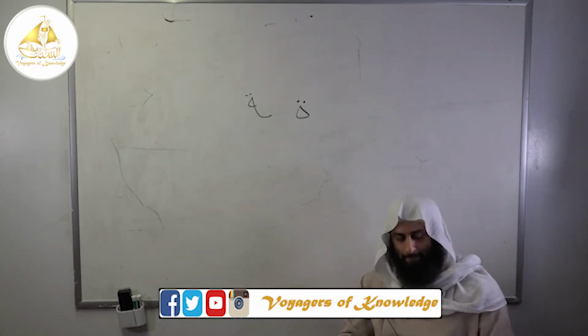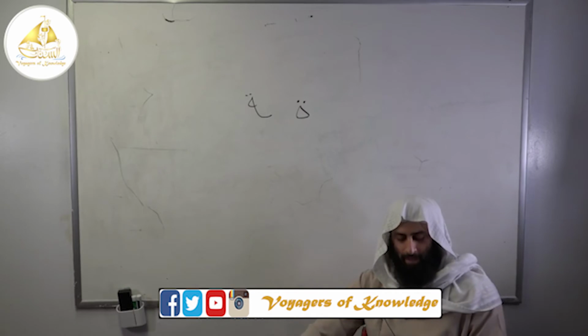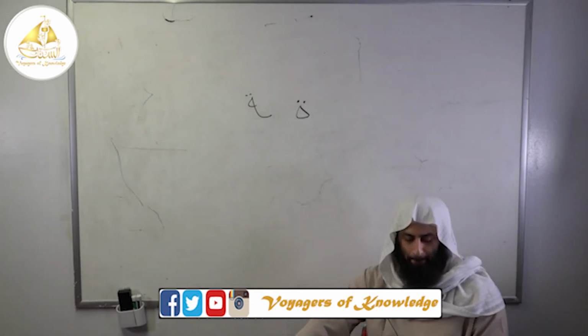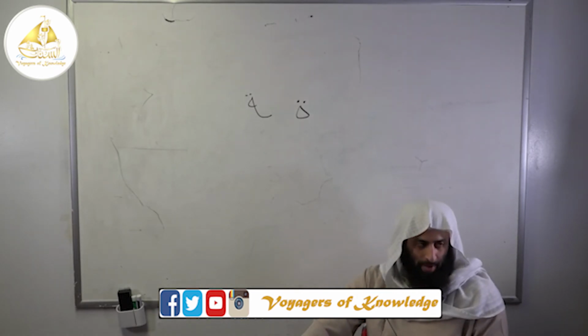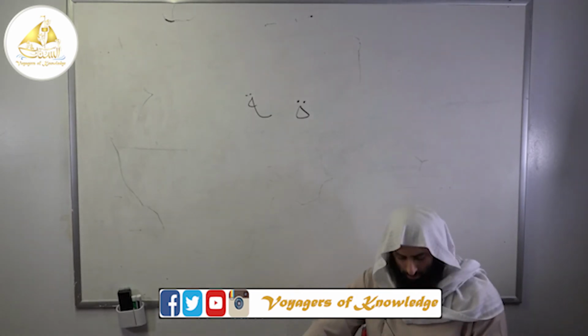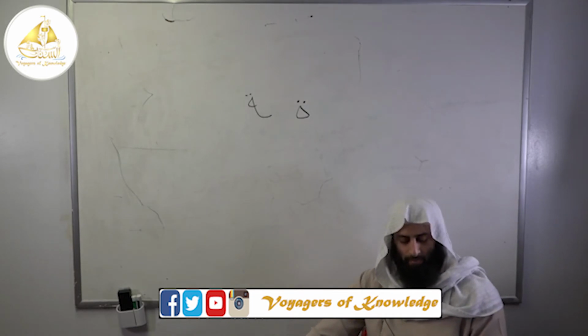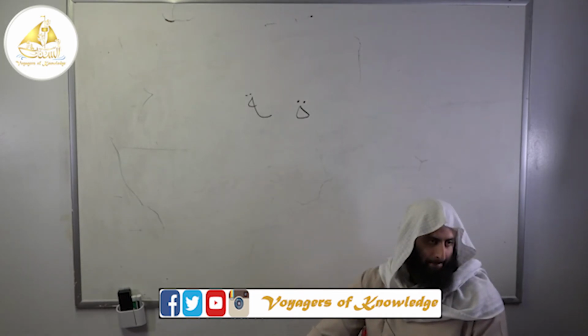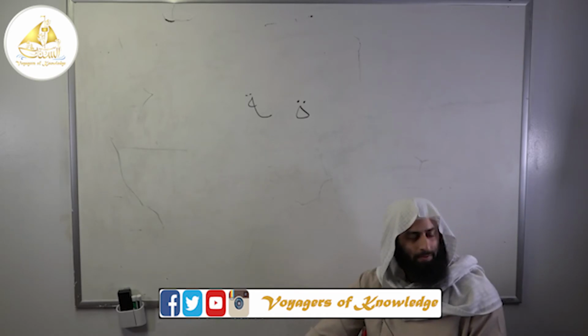مظفر. Let me just say that we're on question number 8. الطالب مريض. الطالبة مريضة. What does that mean, مظفر? Student is sick and female student is also sick.